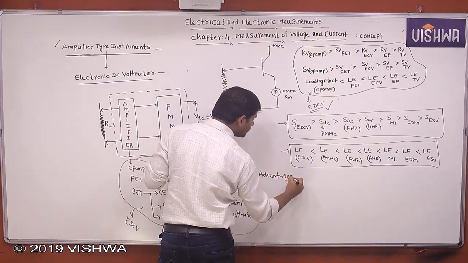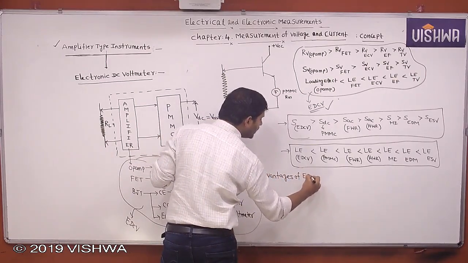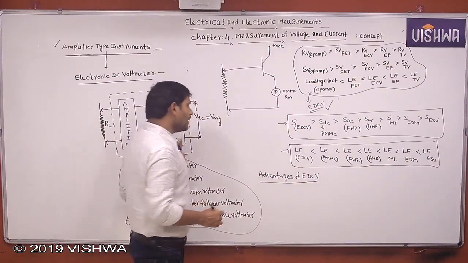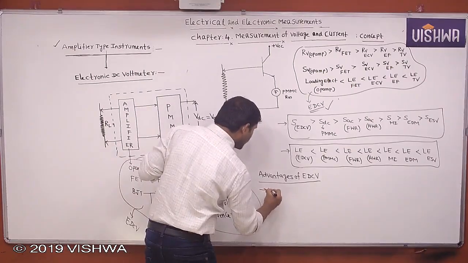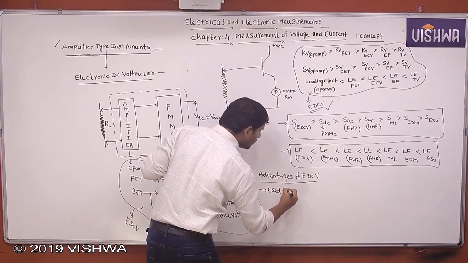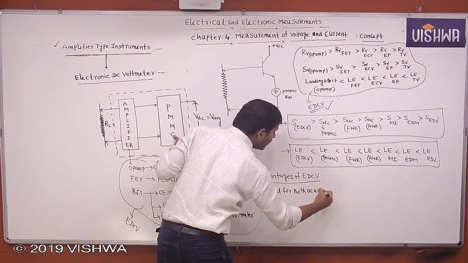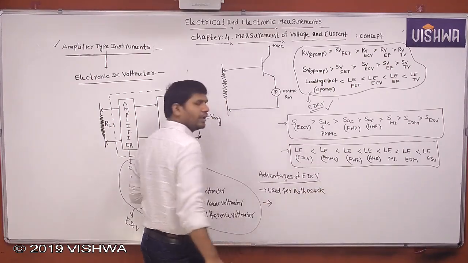Advantages of electronic DC voltmeter. Yes, one is it can be used for both AC and DC. Even the electronic DC voltmeter is used for both AC and DC.